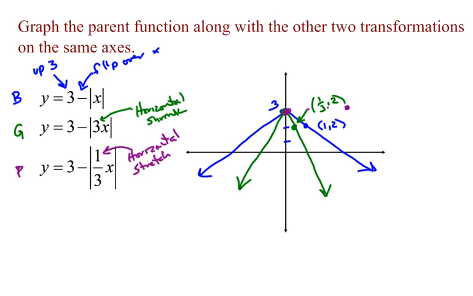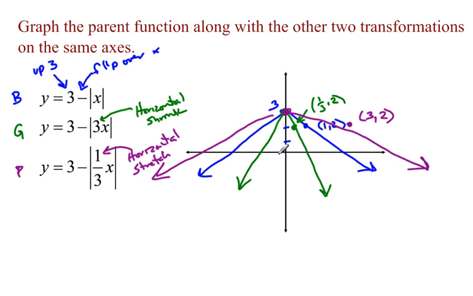So we go down 1 and over 3. So 1, 2, about there. And that's going to be the point. So I went over 3 and a height of 2. And there's that one. And this one goes much wider.